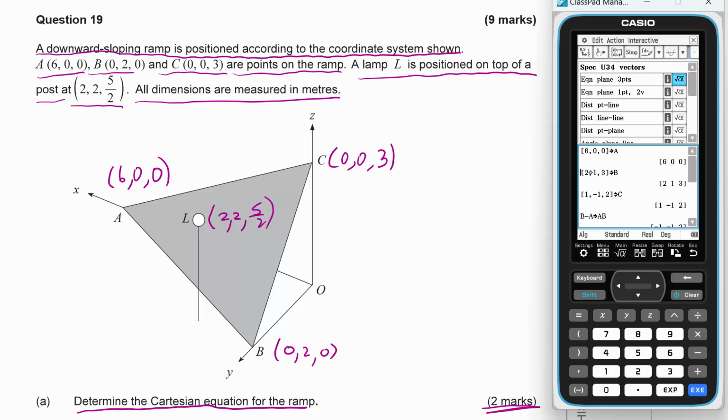And then B, 0, 2, 0, and then again hit the finger tool there. And then for C, put that in as 0, 0, 3.